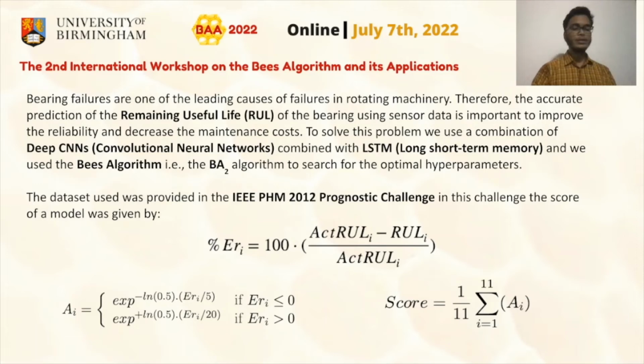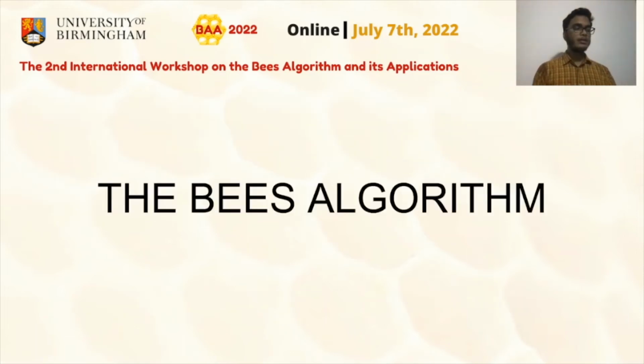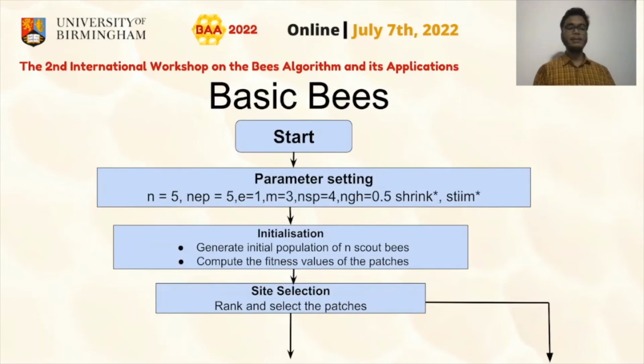Now moving on to the basic Bees algorithm. Here the two slides will be a representation of the basic Bees algorithm in the form of a flowchart. Starting with the flowchart, we set the parameters. Here N represents the number of scout bees, then NEP represents the number of bees recruited for the best E sites.